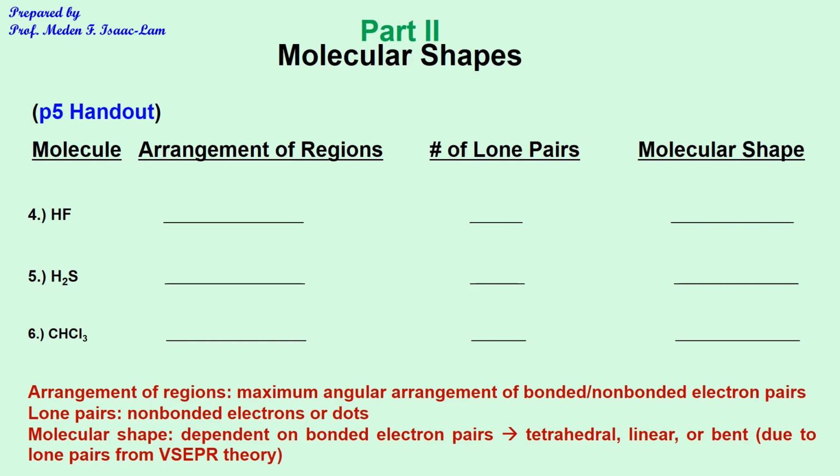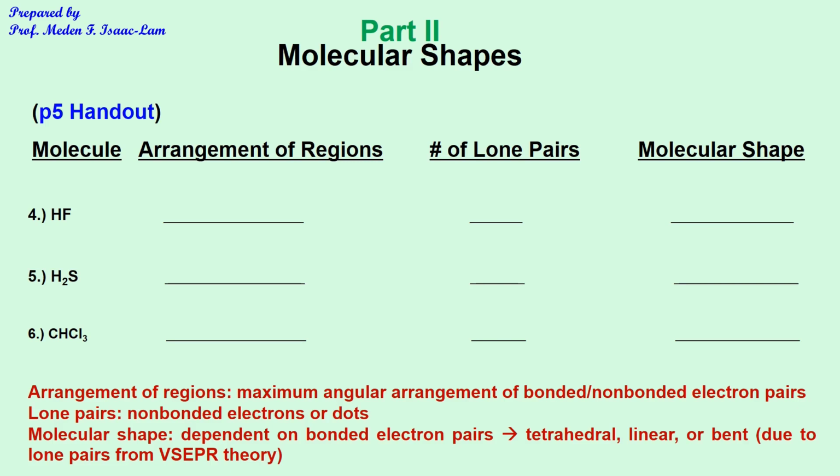H2S is the same as water, so refer back to the previous slide. Now, CHCl3: the arrangement of regions is the same as CH4 in the previous slide, number 1 example. The number of lone pairs will be just on the chlorine.